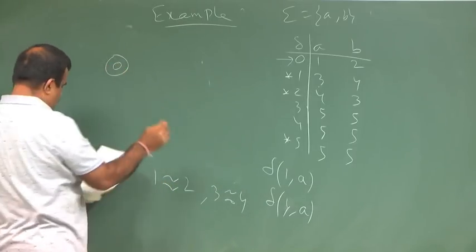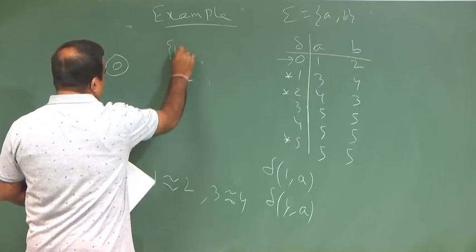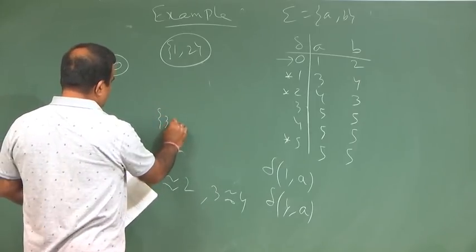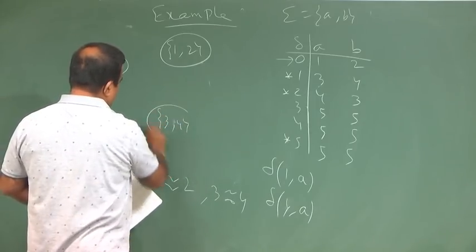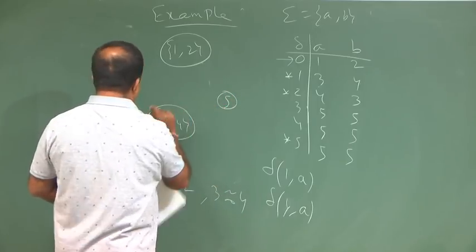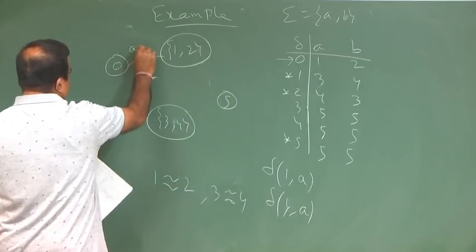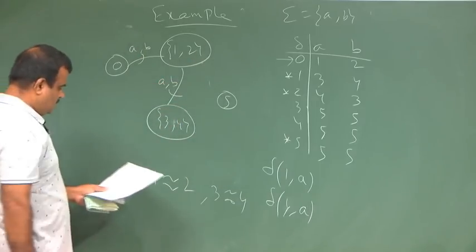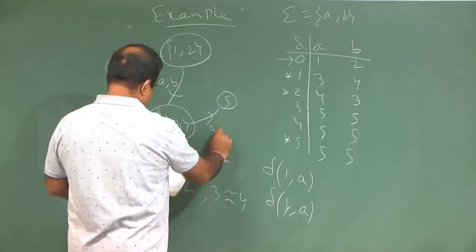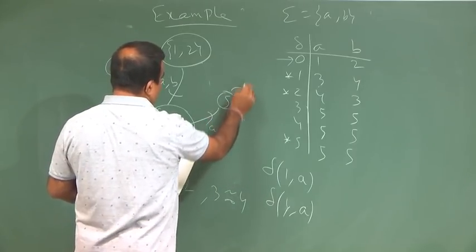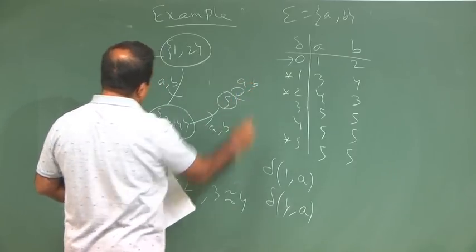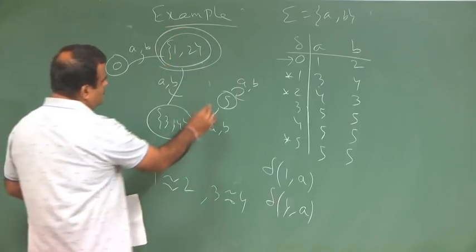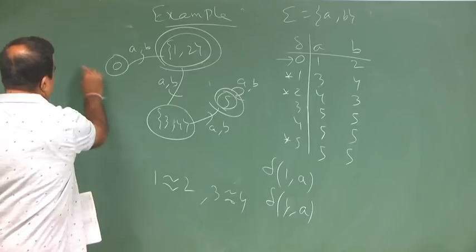This is q 0, and q 1, q 2 in the same, and 3 4 in the same, and we have 5, and then we can draw the transitions a, b based on these rules. Which are the final states? 5 is a final state, these two are final states, and this is the starting state.